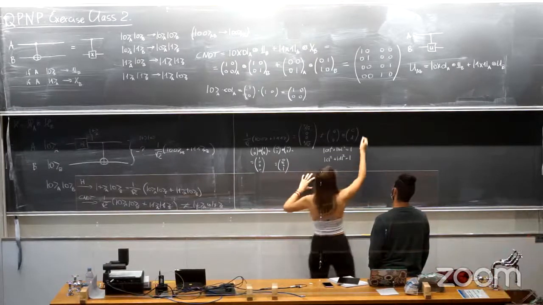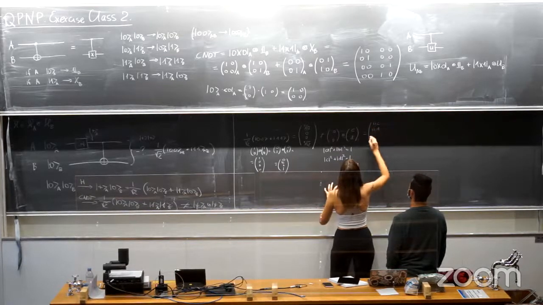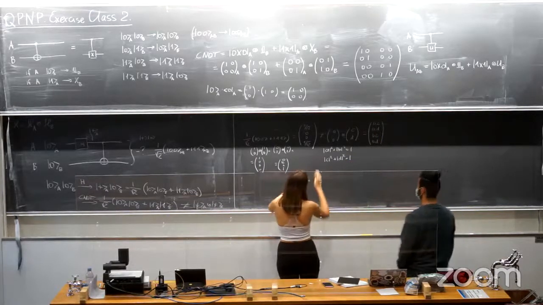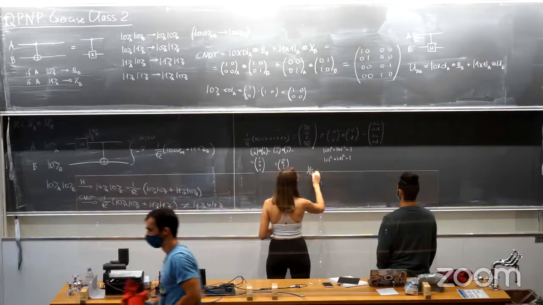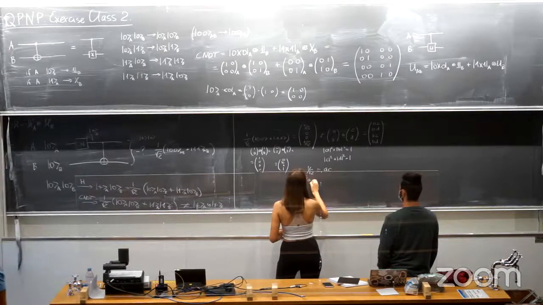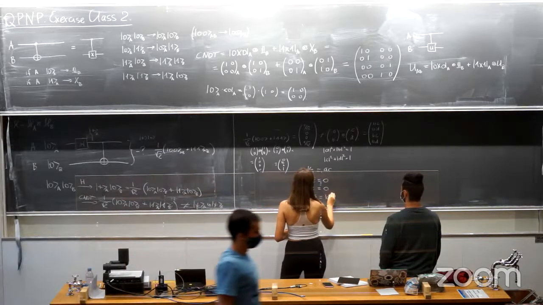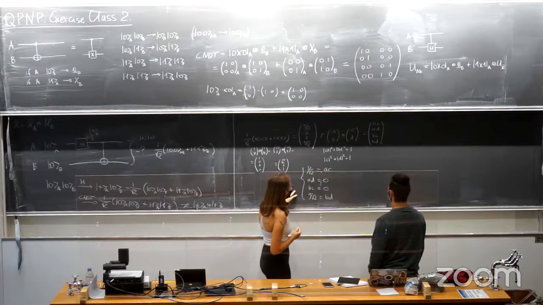So it's AC, AD, BC, BD. Suppose that they're equal. Then what we get is AC, AD is 0, BC is 0, and 1 over square root of 2 is BD. Is it clear how I come to this consideration? Yes.